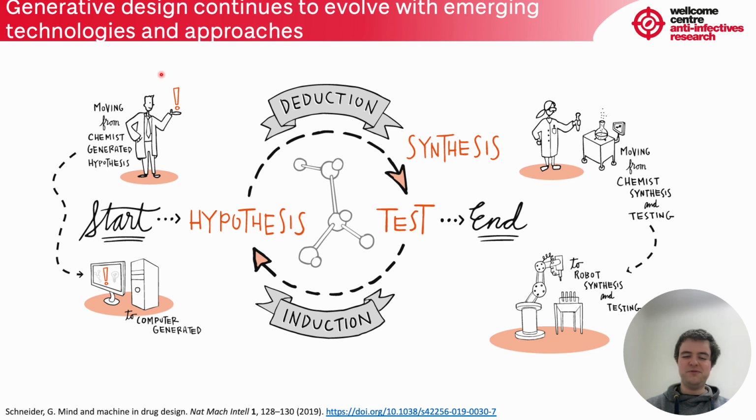Instead, maybe in the future we'll start to think about whether a computer can generate those scoring functions and those hypotheses based upon the data. Then, moving through to synthesis and testing, perhaps instead of being made by hand in glass, one day we'll think about robotic synthesis and testing, bringing this all together in a single closed loop where a computer defines the hypothesis and those molecules are made using new synthetic methodologies.